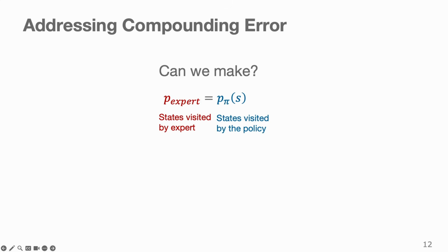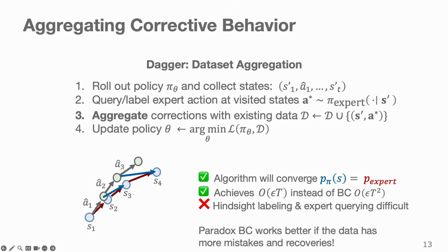If the root of the problem is that the states visited by the expert differ from the states visited by the policy, our first solution can be: can't we make them the same or similar? Can we somehow close this distribution shift? And so this brings us to Dagger, or dataset aggregation, which is exactly trying to do this.